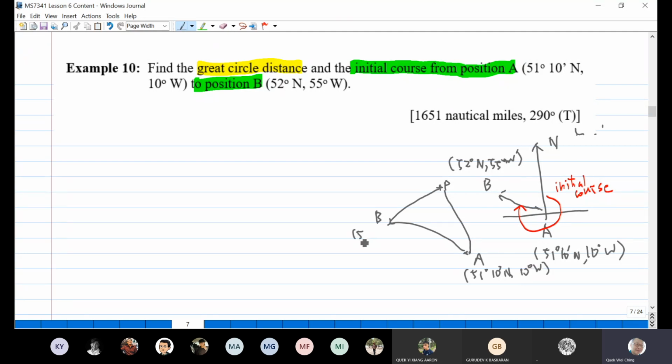This is 52 degrees north, 55 degrees west. If you draw a triangle, make sure that you draw a spherical triangle. Basically, they are not straight lines, they are all curved.